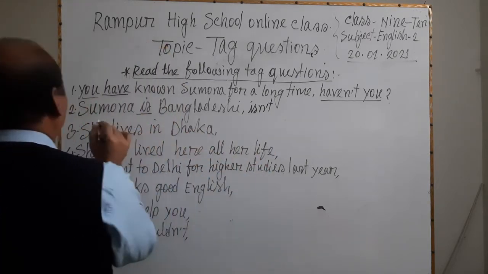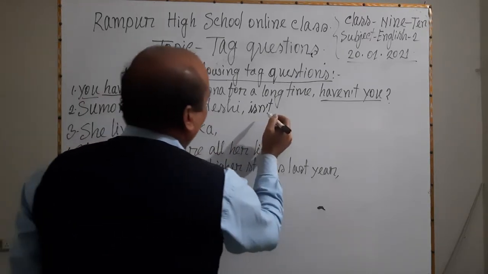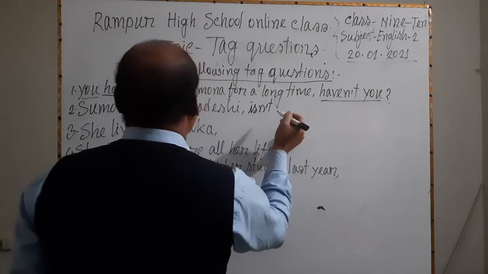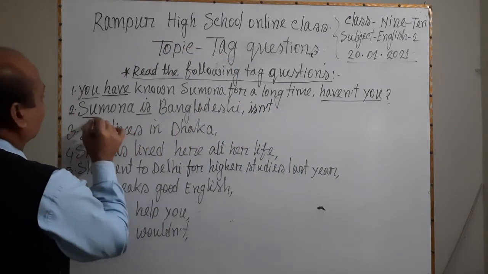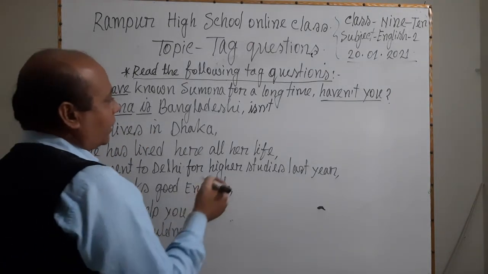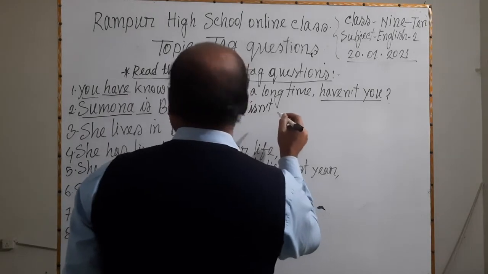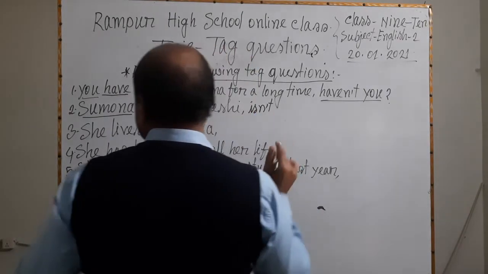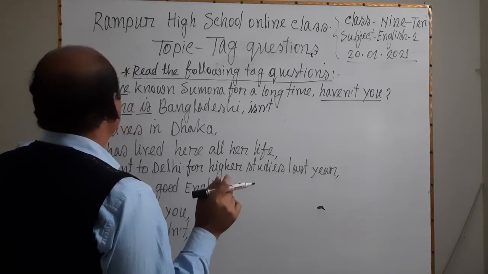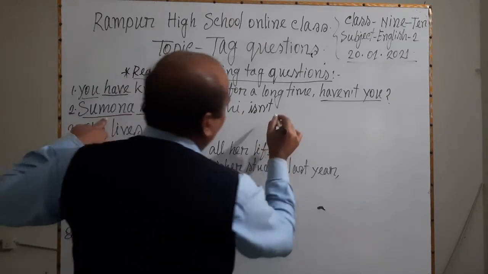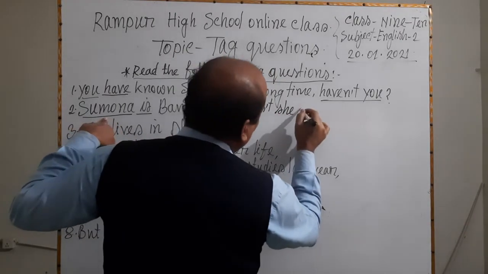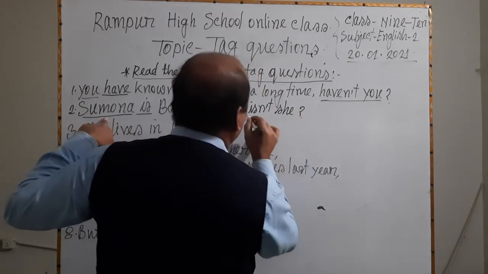Then we will use the subject of the tag question. The learners, here Shumana is a noun. We will use a pronoun in place of Shumana. The pronoun will be she. Then use the sign of interrogation.